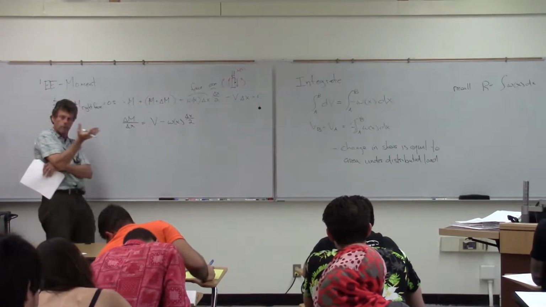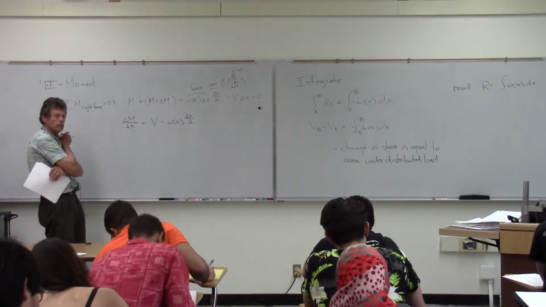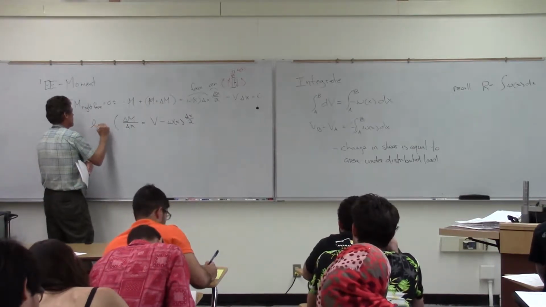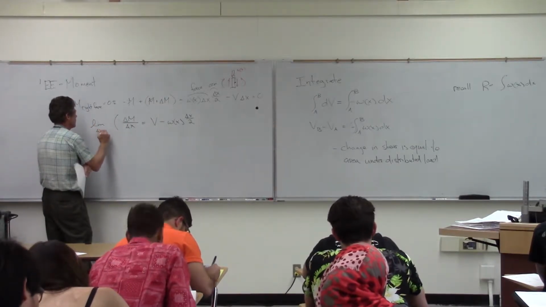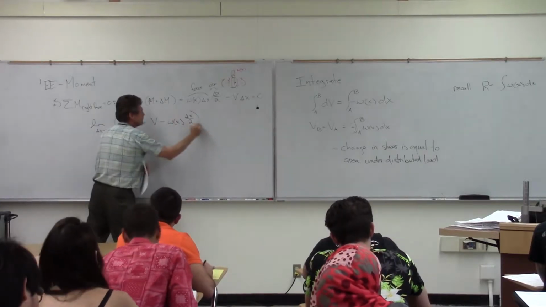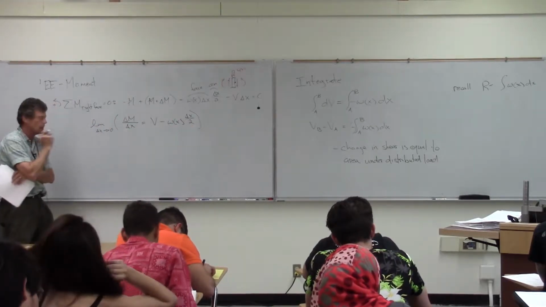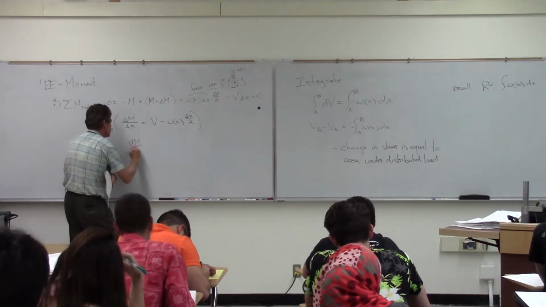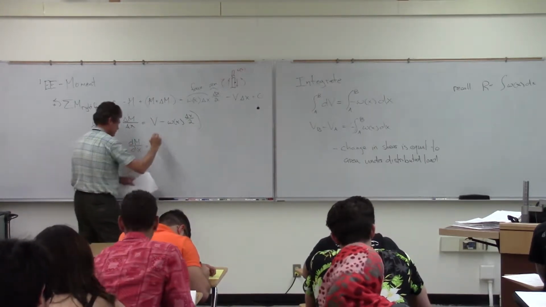Now again, going back to our mathematicians there, the eagles, we're going to take it to the limit one more time. And note that this will be the slope of my moment diagram.